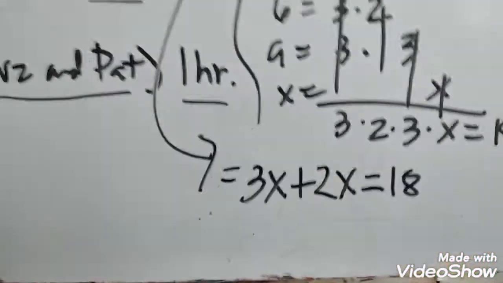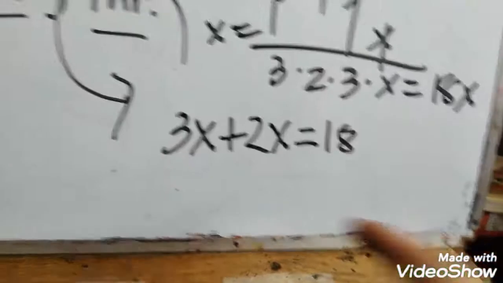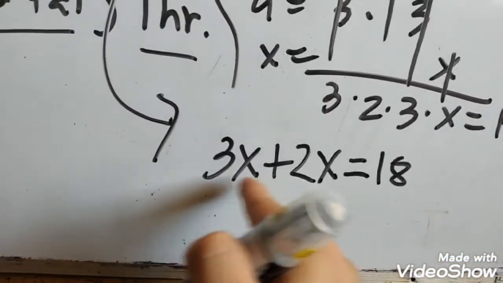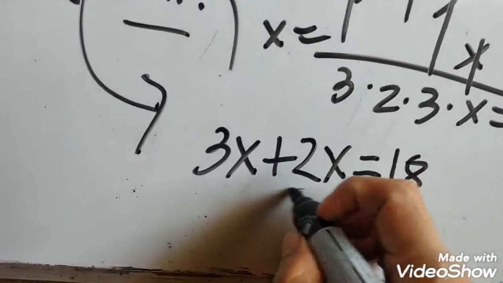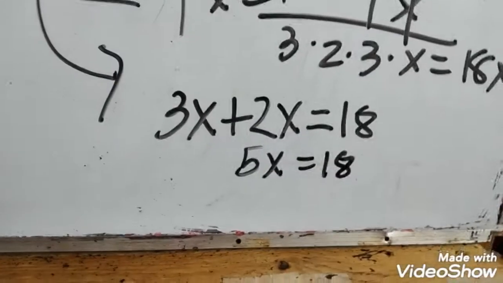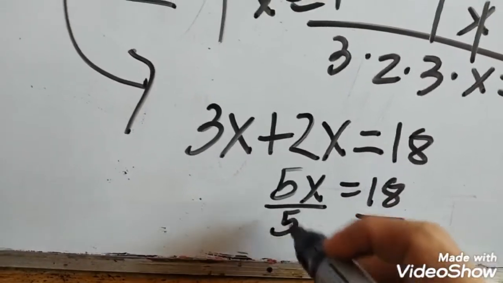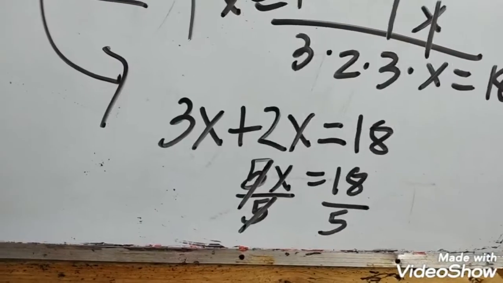So, wala na yung ating denominator. So, alisin natin dito yung equal sign. So, after that, we combine. Since they are similar, 3x plus 2x is equal to 5x equals 18. Then, we divide by 5 para makancel yung 5, matira na lang yung x.